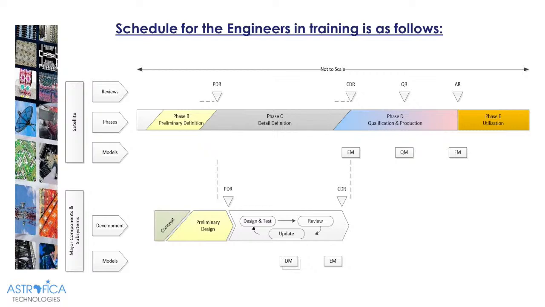This is just the phases, engineering phases, and all the engineers in this room would understand, so we can skip that as well. What is different though from, I don't want to say normal engineering, because space engineering is also normal engineering. What is different with us is that before everything else, we do what we call a demo model or a dummy model, where there are no electronics.